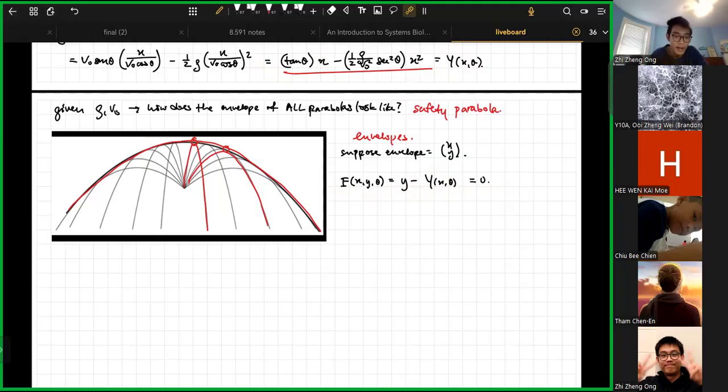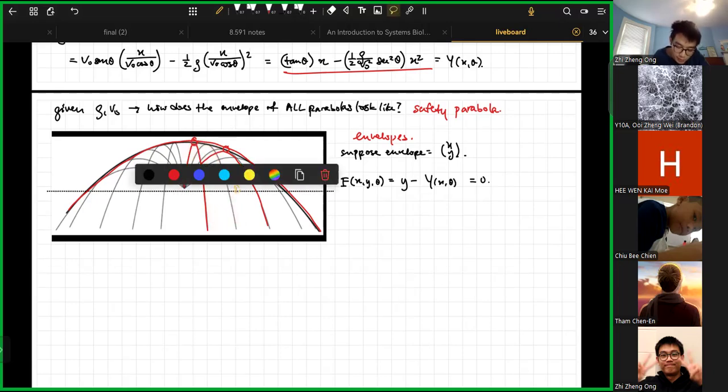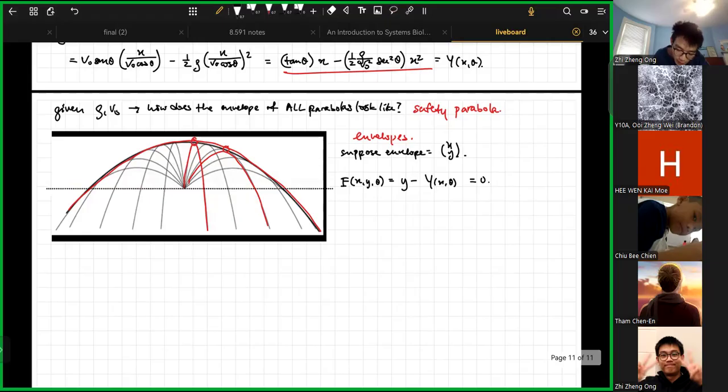One more thing is that this is tangential at only one point. All these parabolas are generated by changing theta, so every parabola has a different theta.